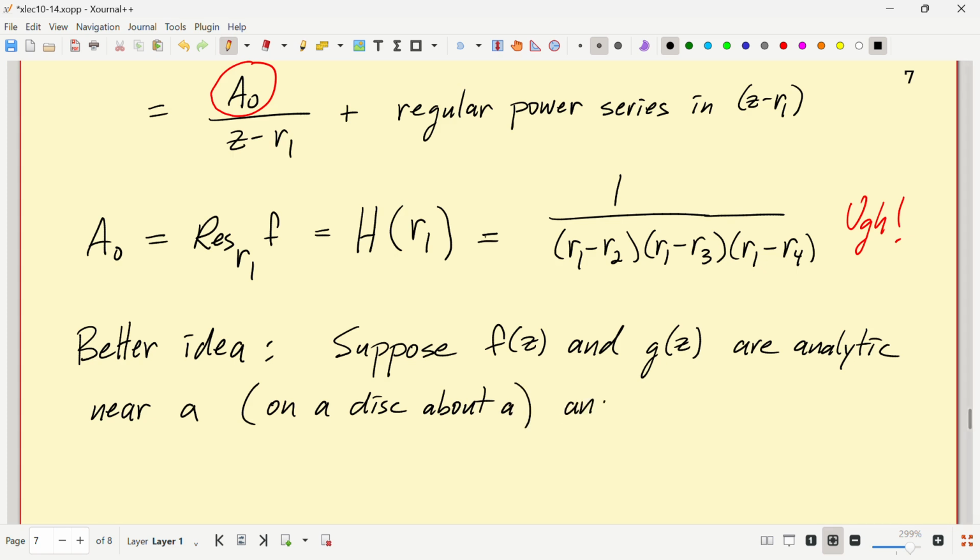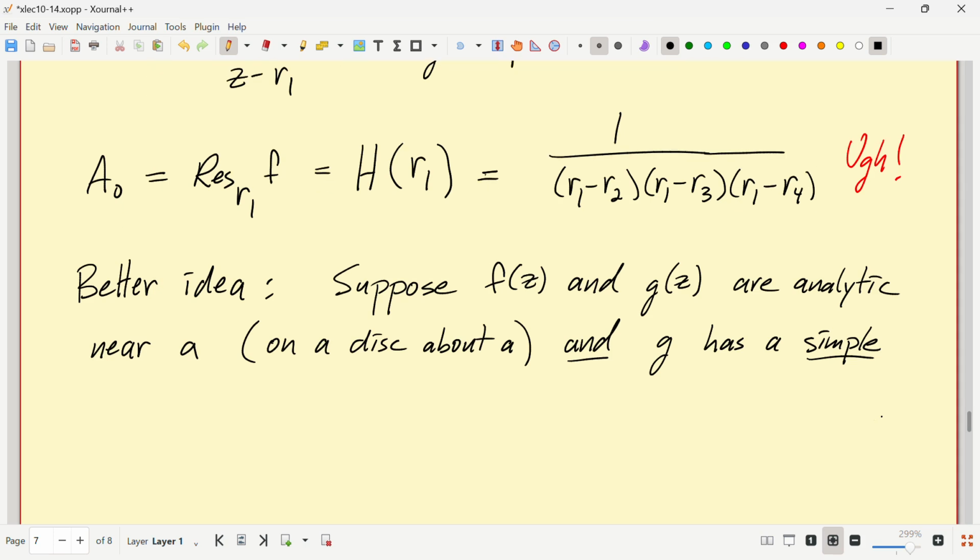And suppose g has a simple zero, meaning a zero of order 1. Meaning g of a is equal to 0, but g prime of a is not equal to 0.